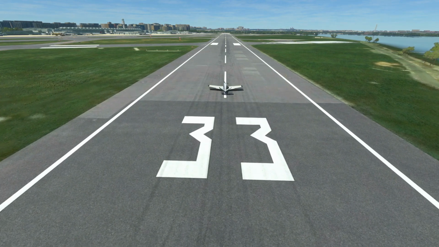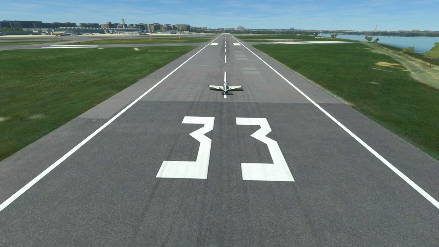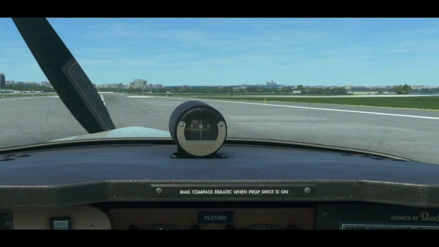So currently we are on runway 33. So that is not heading 033, that is heading 330. You drop the last digit, and that is how you get this number. So if we jump into the plane and look at our compass, we will see that we are facing heading 330.